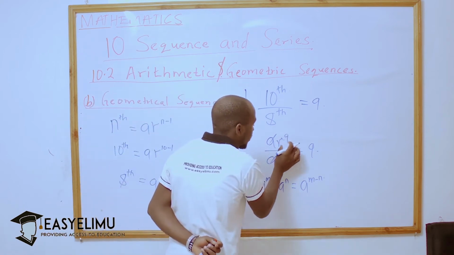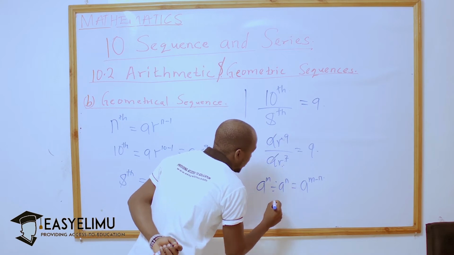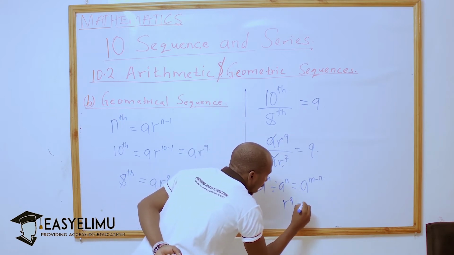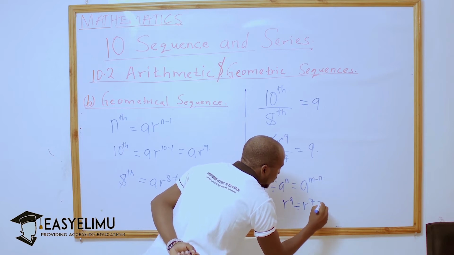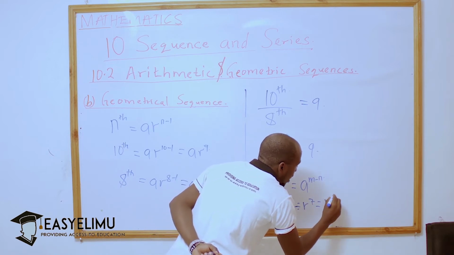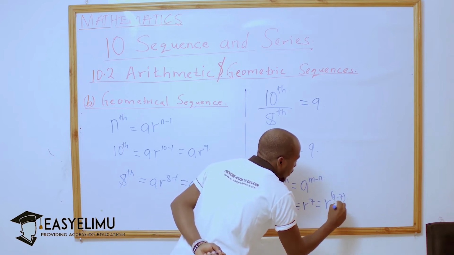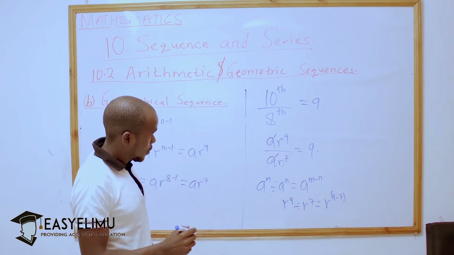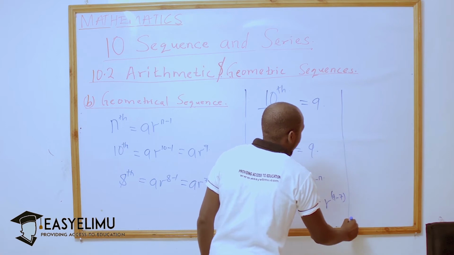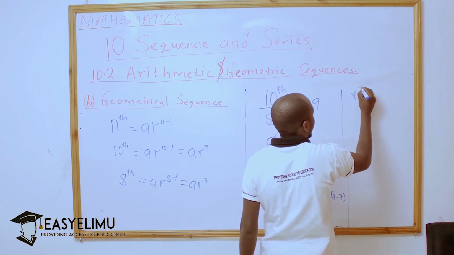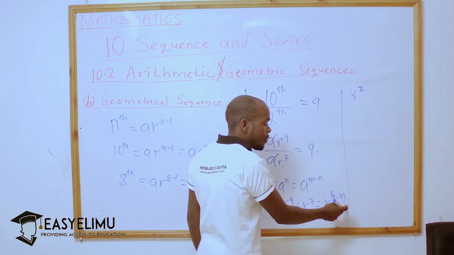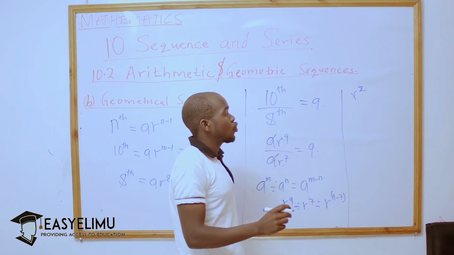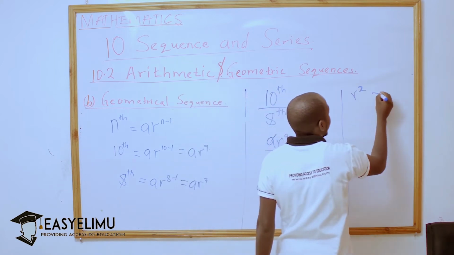So for this case here, r^9 divided by r^7 is the same as r^(9-7). That is going to give us r^2, because 9 minus 7 you are going to get 2. So r squared is equal to 9.